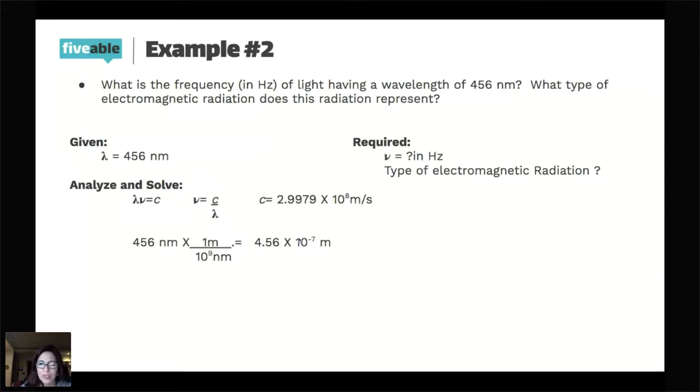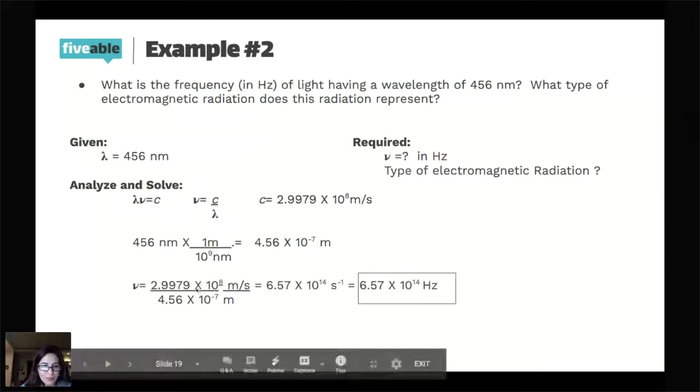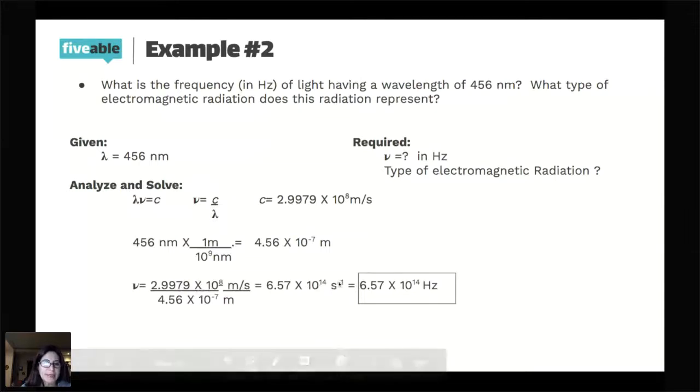Once we have meters, then we use this formula, substitute it, and then we will have the answer in seconds to the -1, which is the same as hertz. Any questions in here?